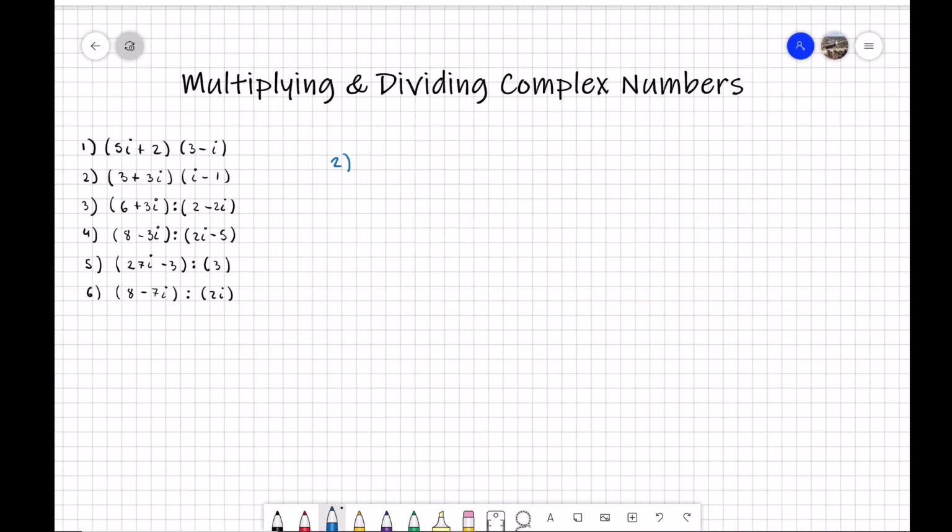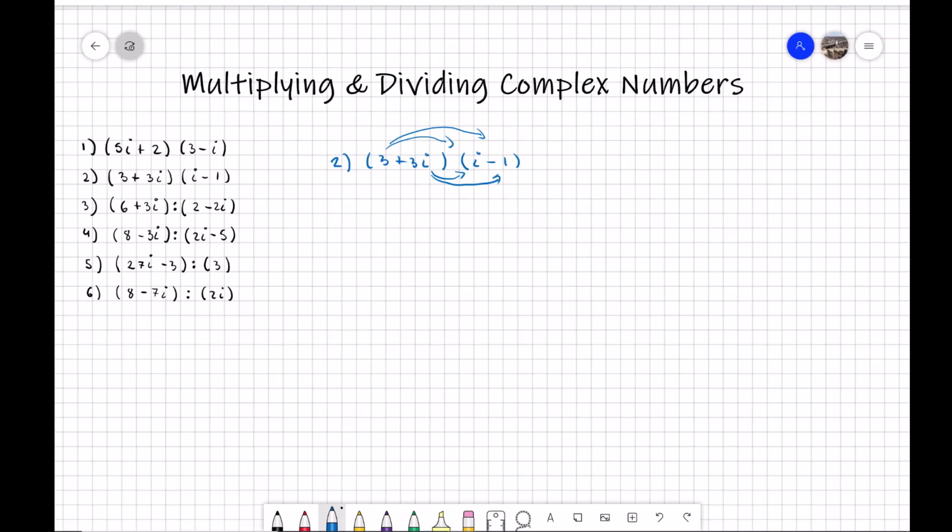So 2, we have 3 plus 3i times i minus 1, right? So again, the same thing. All we have to do is just treat it as if it was an equation, right? So you multiply this 3 with these two expressions, and then this 3i with these two other expressions, right?